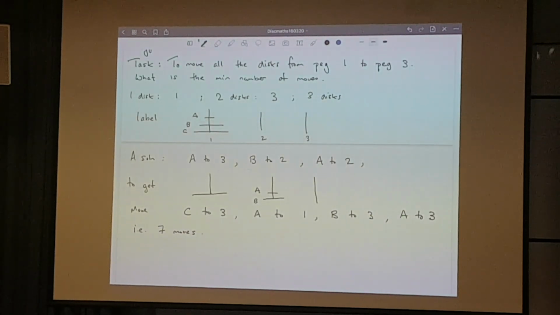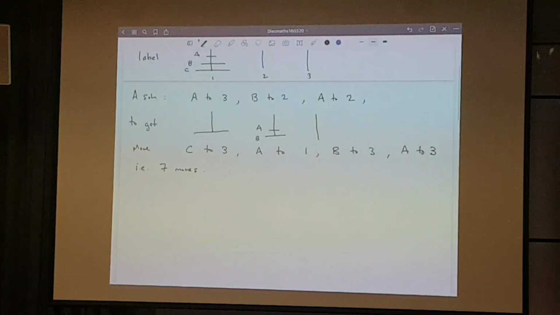Having done it in this way, you can see there's a natural algorithm that links the number of moves for n to the number of moves for n minus 1. What I did was the n minus 1 moves, then I moved the remaining disc, and then I did the n minus 1 moves again. This algorithm is called the Hanoi recursive algorithm.